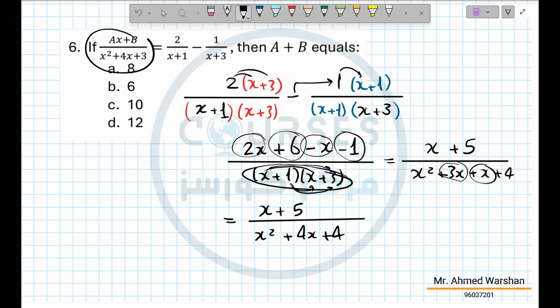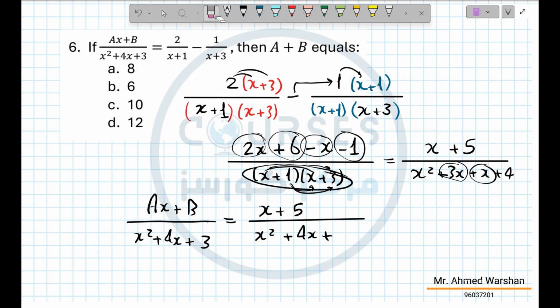This is supposed to be equal to what? Equal to this, ax plus b over x squared plus 4x plus 3. By the way, this is a 3. I multiplied wrong. 1 times 3 is a 3.